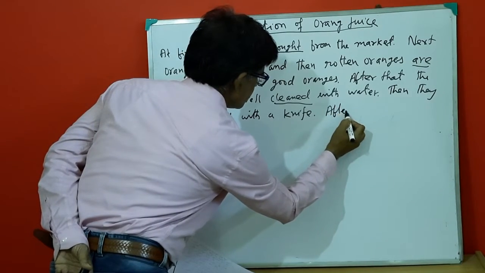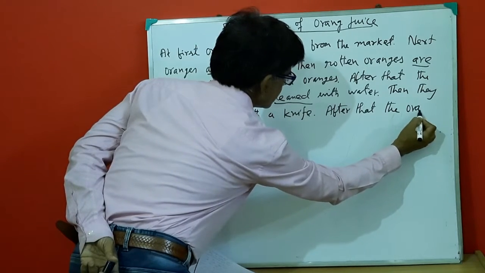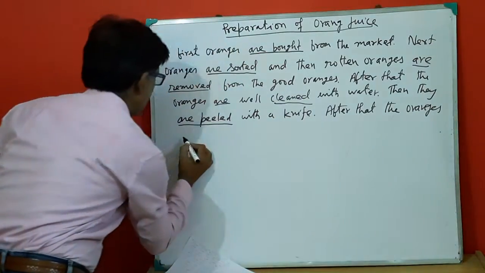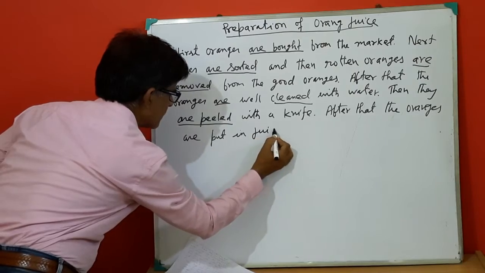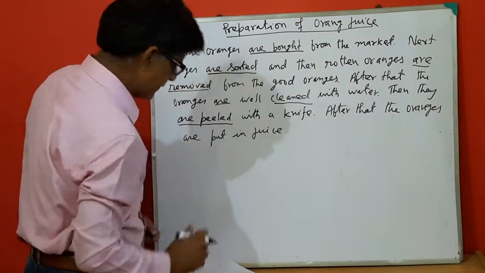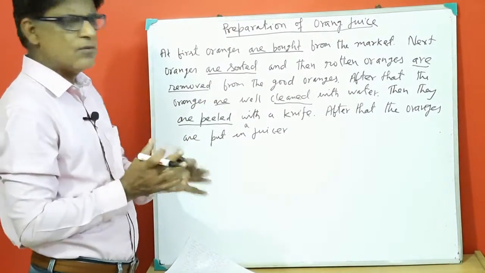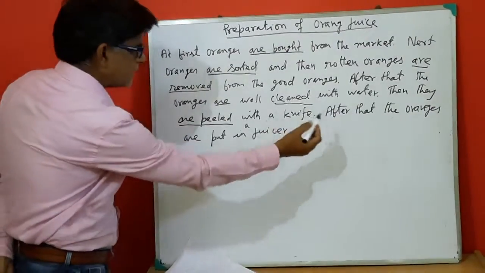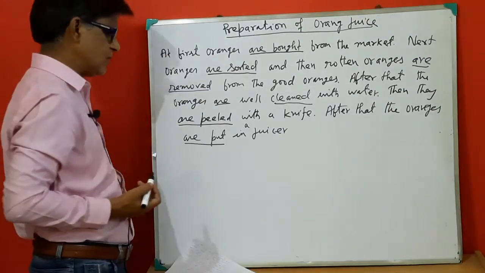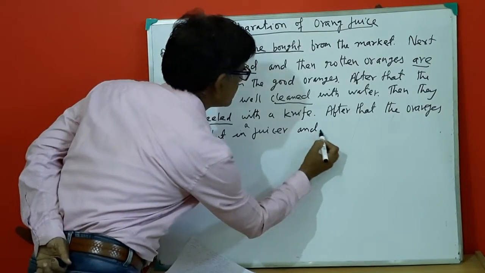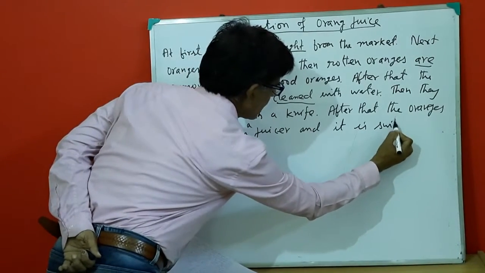After that, the oranges are put in a juicer. Juicer is a machine which extracts juice from fruits. After that, the oranges are put in a juicer, and it is switched on.